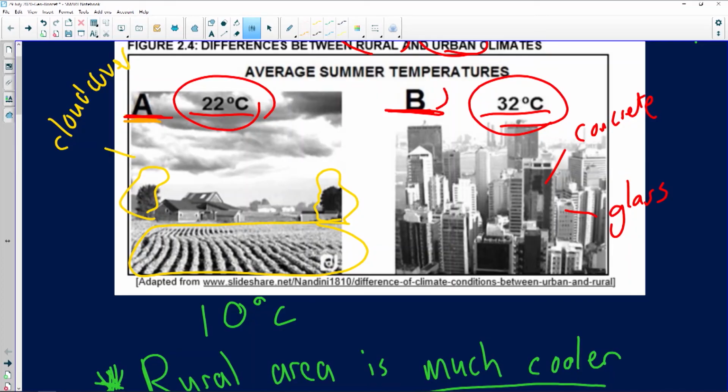What can we do? You as a geography student, what can you do to reduce urban heat islands? That's basically what's been indicated over here at photograph B. What is an urban heat island? When an urban area experiences warmer temperatures than the surrounding rural areas. So it's an urban heat island.